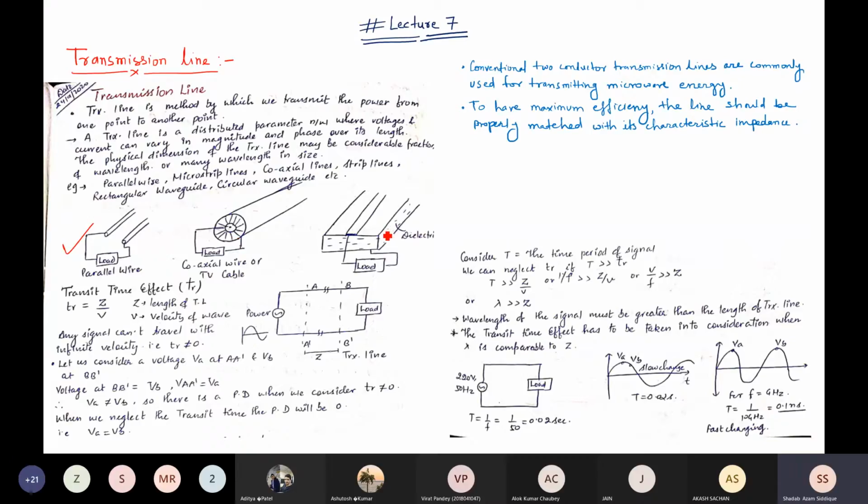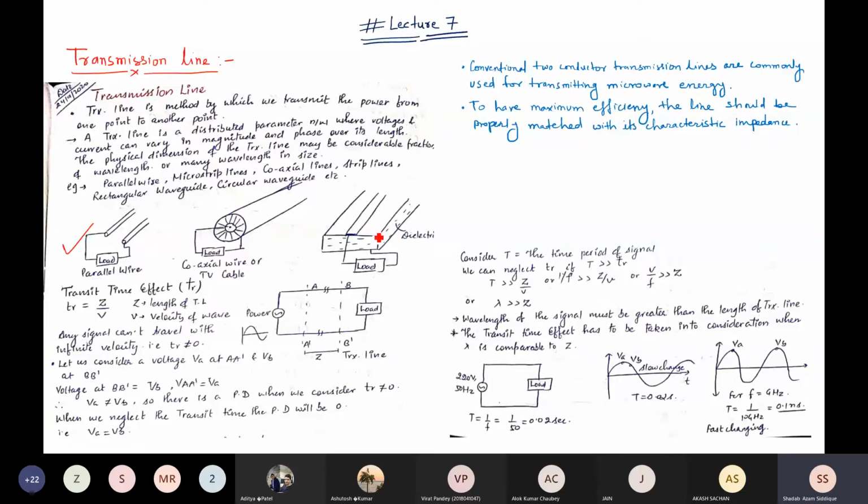Another is the microstrip line. Here the strip line is connected on one side, and on the other side we have a layer of conducting material, and in between we have a dielectric material.